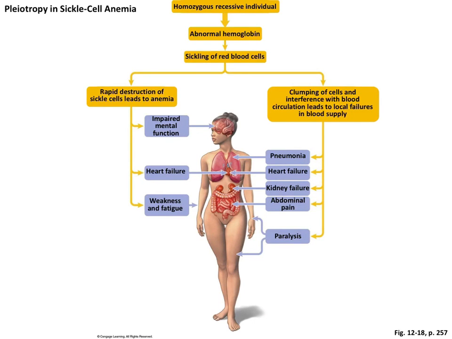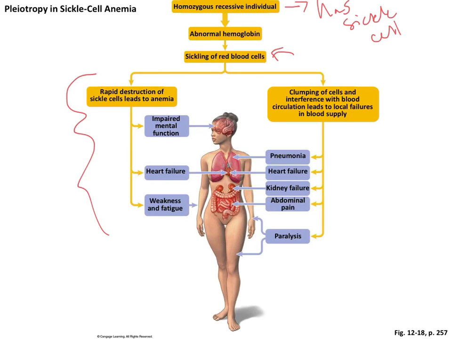So in sickle cell anemia, if a homozygous recessive individual has sickle cell, what does that mean? It means that when they have abnormal hemoglobin, when there's low oxygen, their cells take on this terrible sickle shape, okay? And when this happens, even though that's the only genetic thing that's changing and the only protein that's changing, you end up getting all of this terrible stuff that happens to you because your blood cells are abnormal.